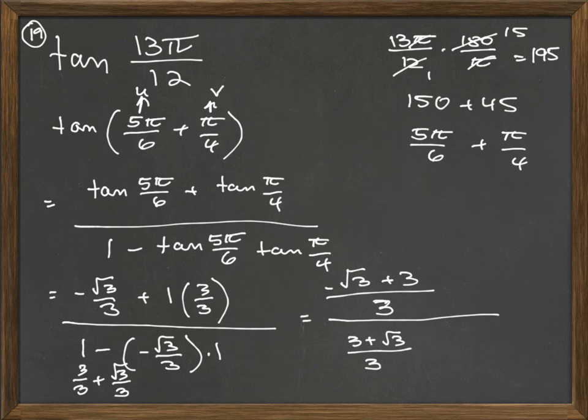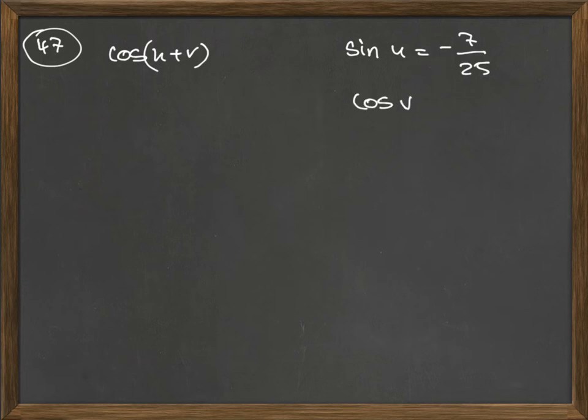Can I fit it in here? Cosine of u plus v, where the sine of u is negative 7 over 25, and the cosine of v is negative 4/5, and both of them are in quadrant 3.